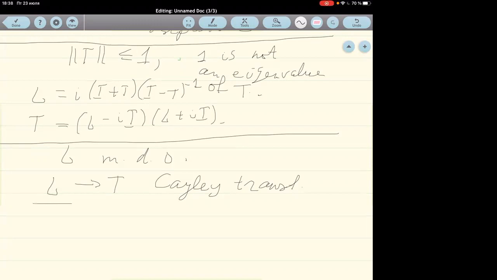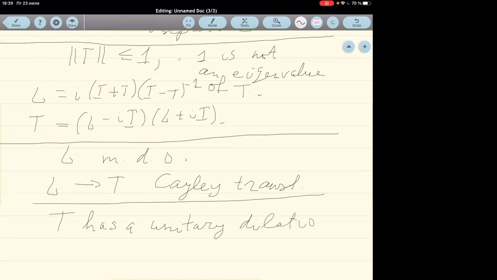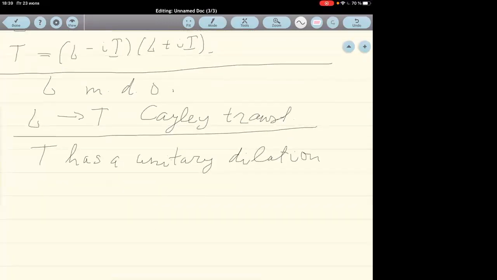First of all, T has a unitary dilation. This is the theorem by Sz.-Nagy.